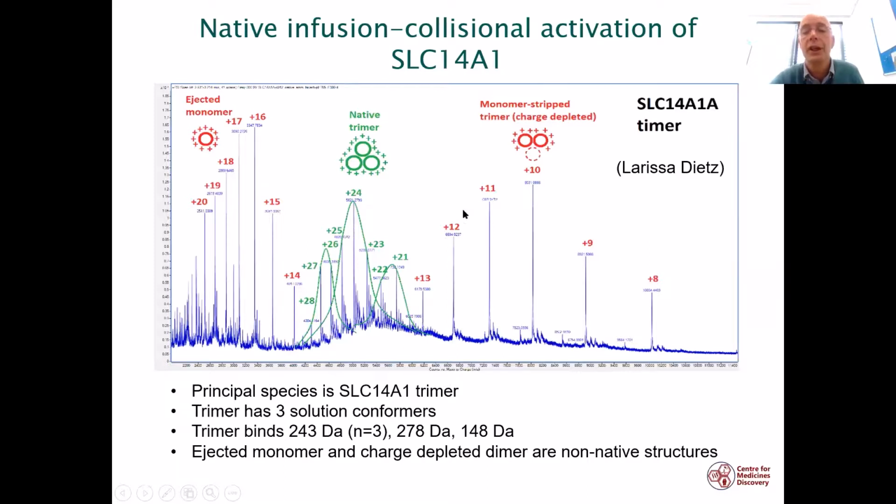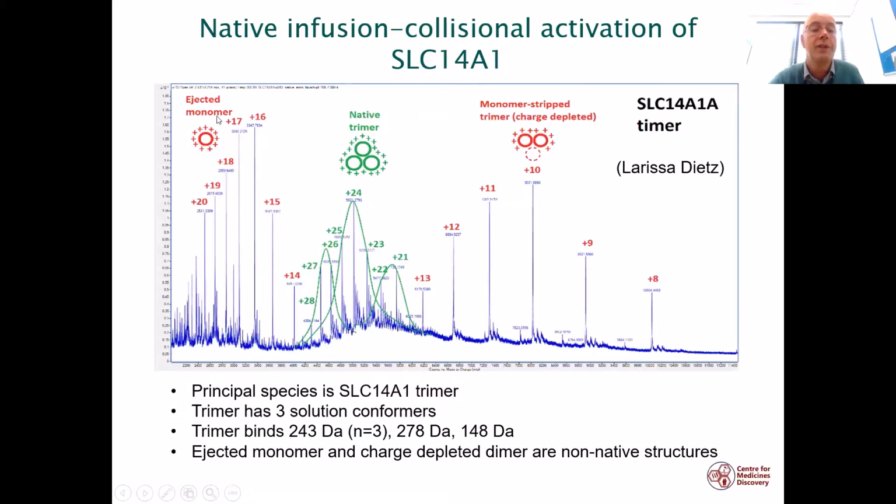So the charging here is unusually low. And what we're looking at is the trimer that has lost one subunit, and it's lost more charge than it would normally get in the native state. And this is what's happened to it. This is the ejected monomer, and this has higher than normal charge.